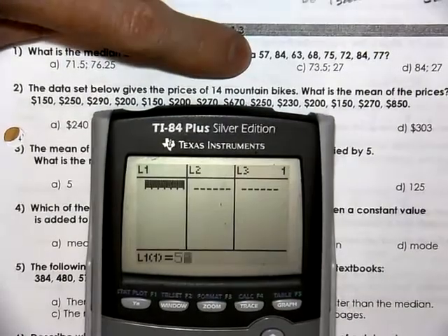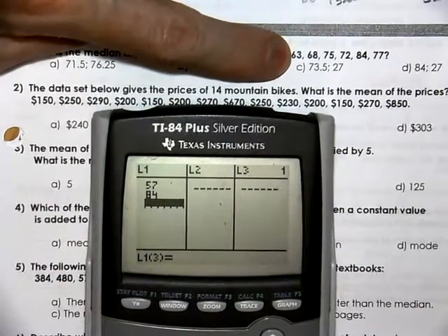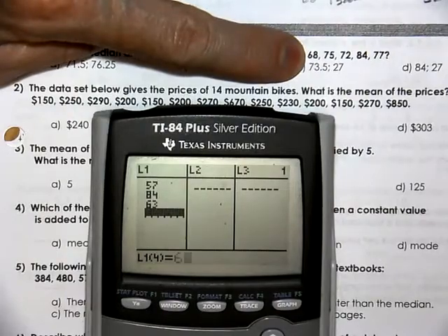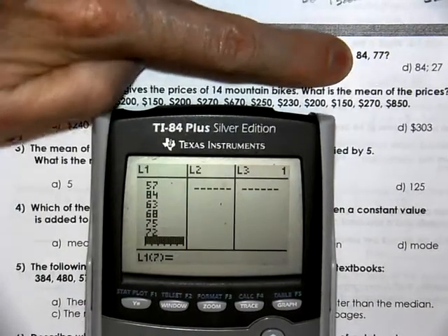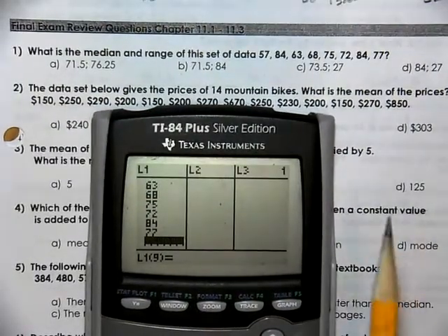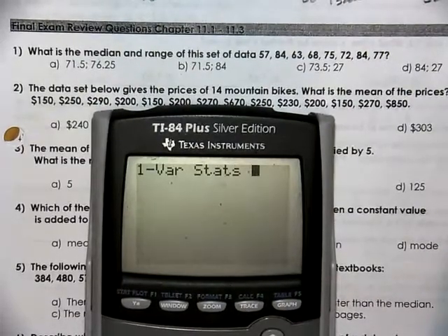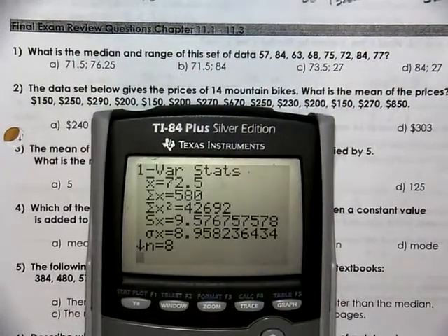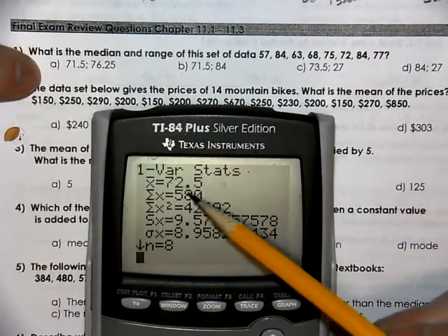We'll type in 57, 84, 63, we can hit Stat, over to Calc. I put the information in list number 1, so I have an average of 72.